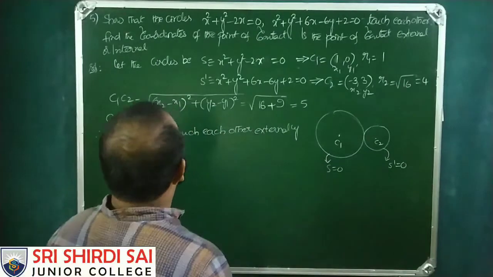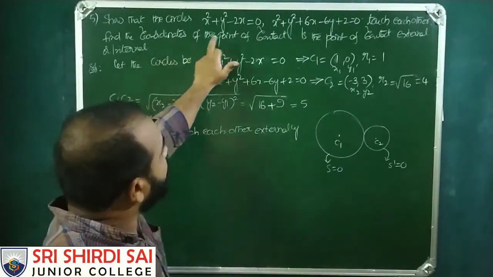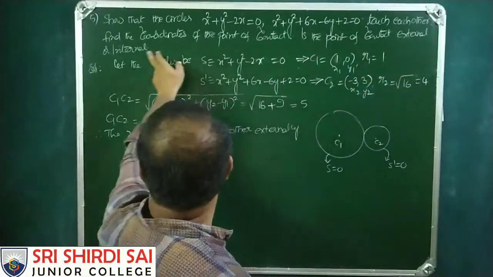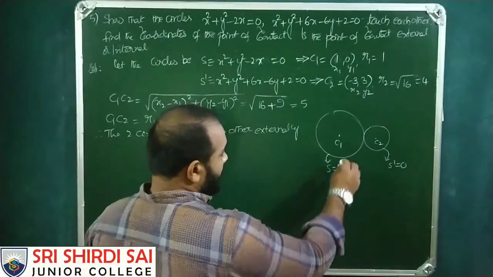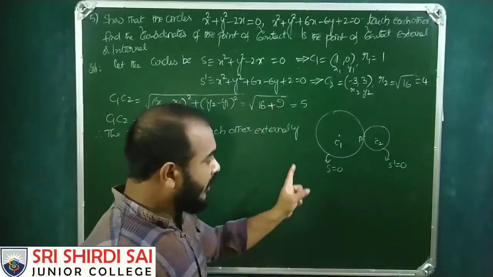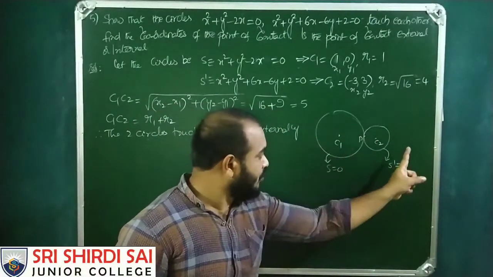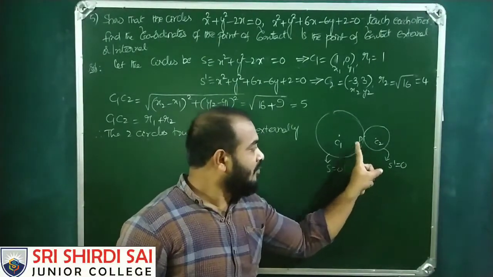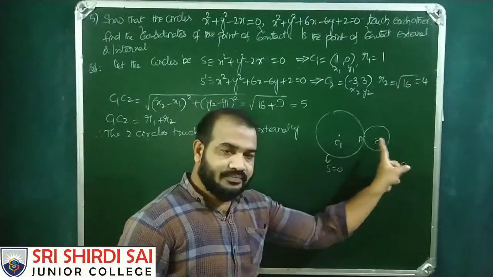Now find the coordinates of the point of contact. Is the point of contact internal or external? First of all, this is the point of contact P. Clearly this diagram shows that P is an internal point.